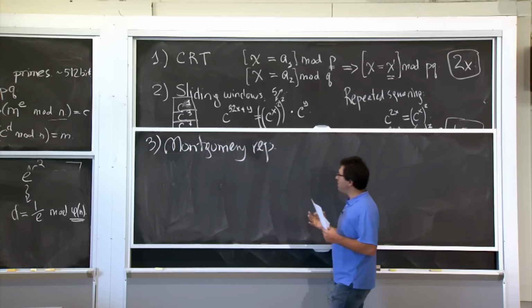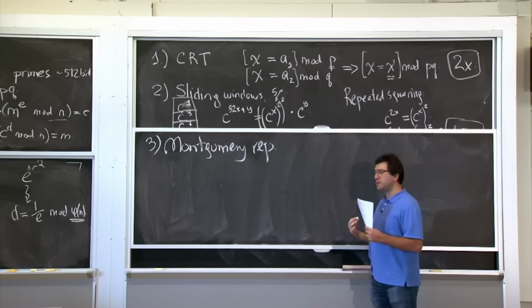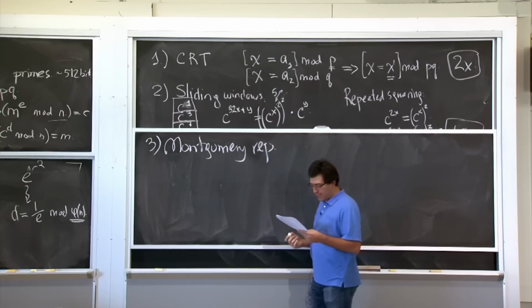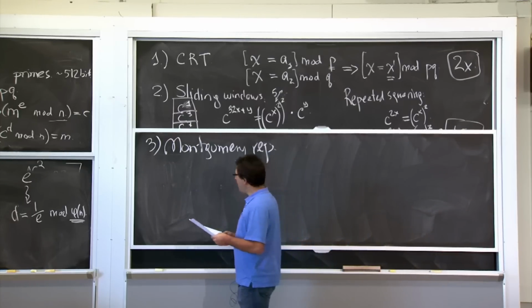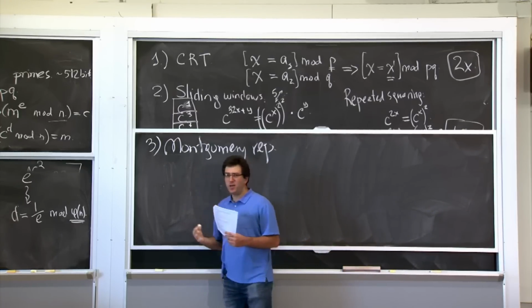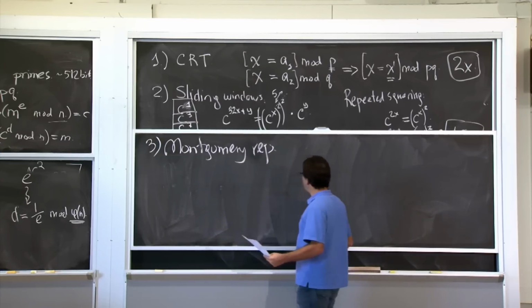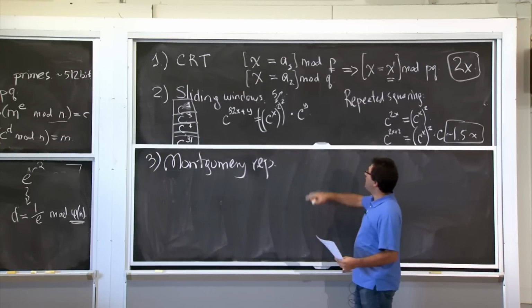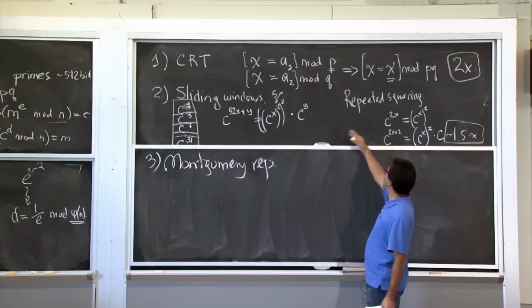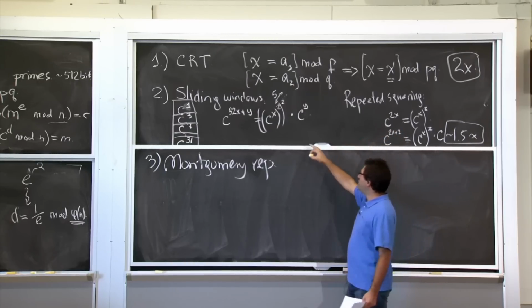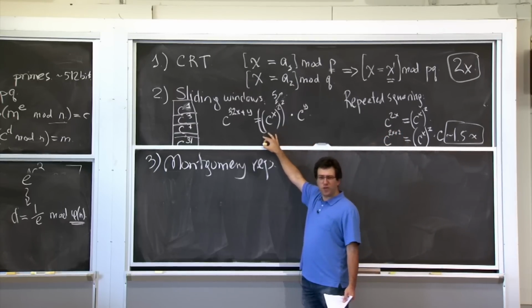So the problem that this Montgomery representation optimization is trying to solve is the fact that every time we do a multiply, we get a number that keeps growing and growing. In sliding windows or in repeated squaring, when you square, you multiply two numbers together.